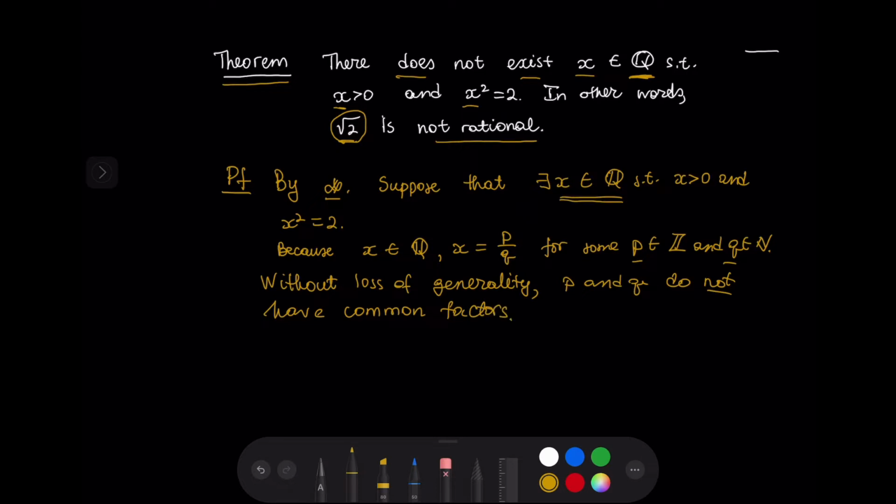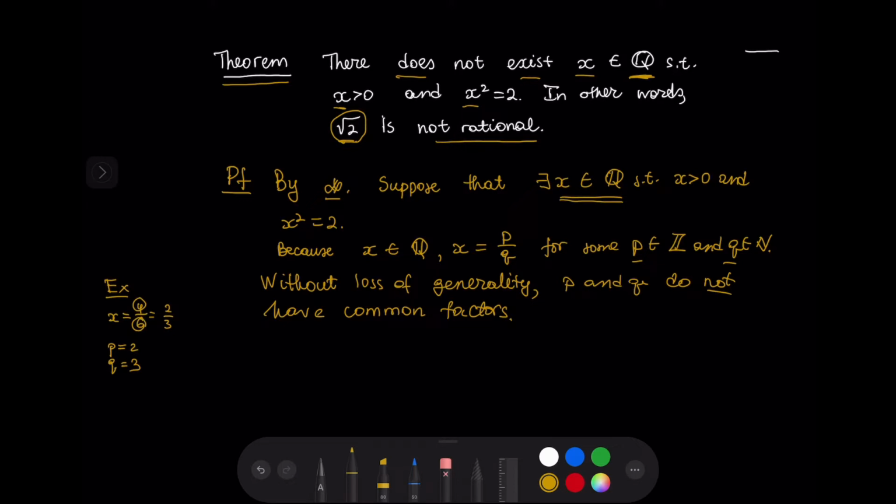And why is it so? For example, if we had that x was 4/6, we could cancel out the 2, and we could say that this is 2/3, and we could say that p is equal to 2 and q is equal to 3. So we would not say that p is equal to 4 and q is equal to 6.